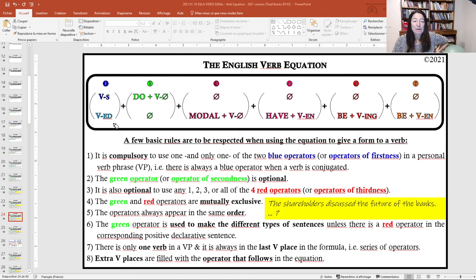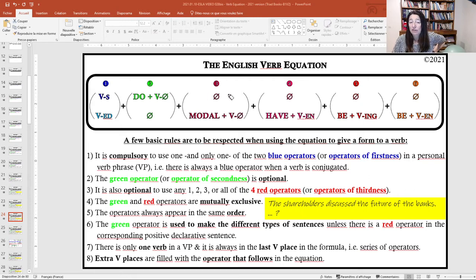And so I hope you all saw the mistake that I made because I went too far with the highlighters, so let me correct that. So we have here the past, the operator of the past. There's no do plus V0, and as I said, there is none of the red operators either, okay?